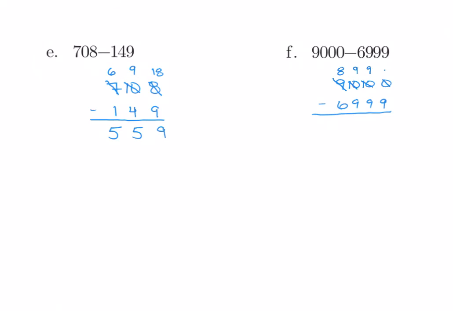And my third 0 now becomes a 10. Now we can subtract. So starting on the right, we get 10 minus 9 is 1. Moving to the left, we get 9 minus 9 is 0. 9 minus 9 is still 0. And 8 minus 6 is 2.